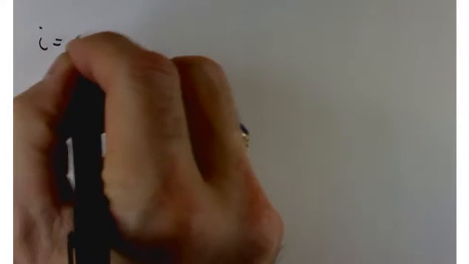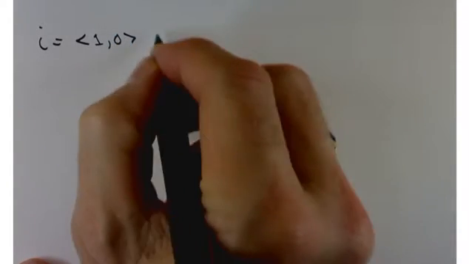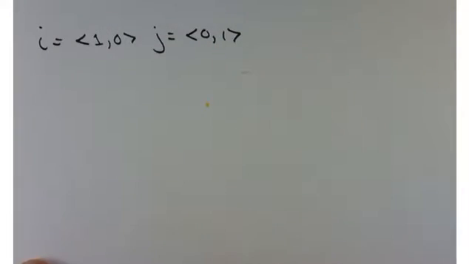So let me comment on those real quick before we get into problem 40, so that maybe we can understand problem 40 when we see it. i is the vector 1, 0. And j is going to be the other vector, 0, 1. These are going to be called unit vectors because their length is just 1.